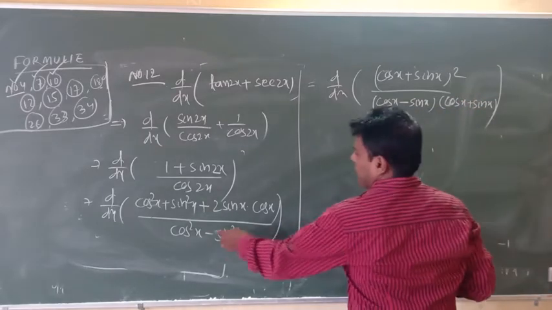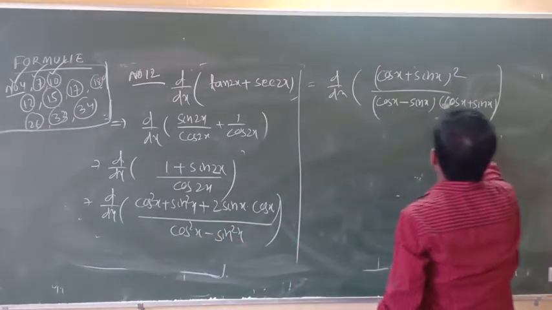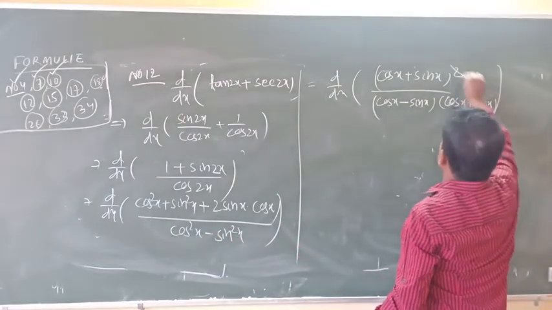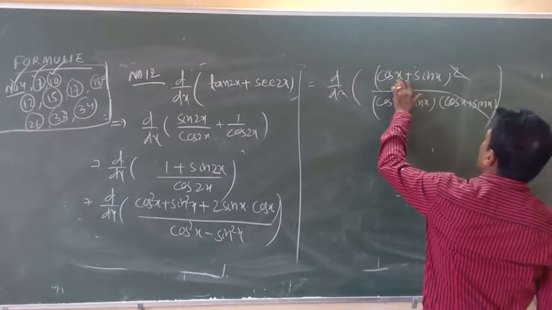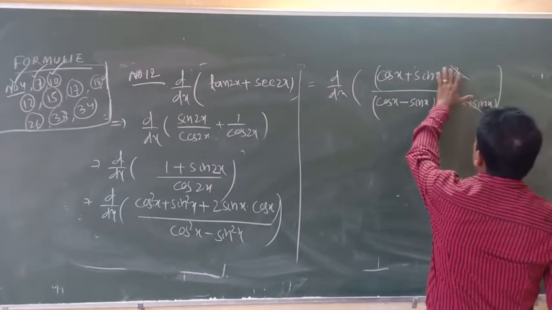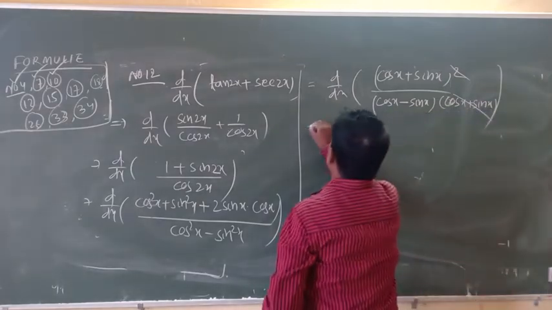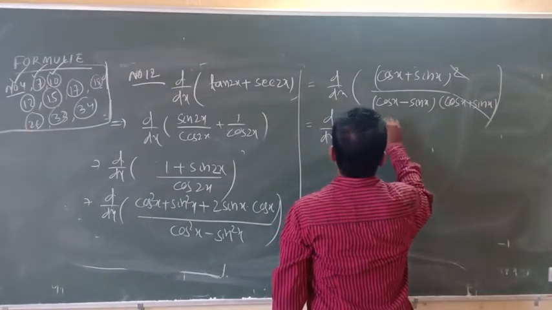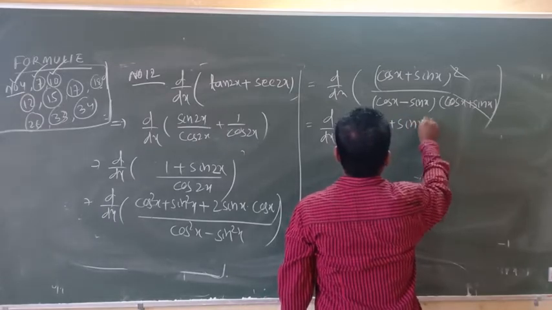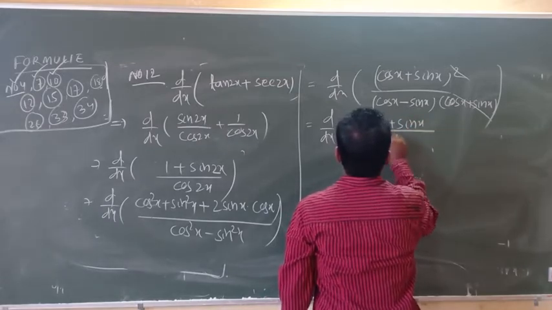You look, that is a square minus b square, (a minus b) whole into (a plus b). So you cancel cos x plus sin x on both sides: one cos x plus sin x cancelled from both numerator and denominator. Remaining now is d by dx of (cos x plus sin x) divided by (cos x minus sin x).